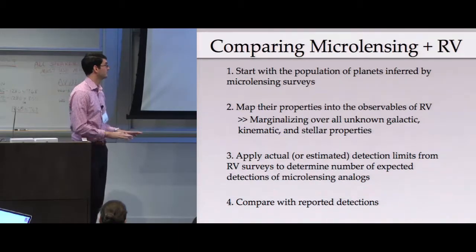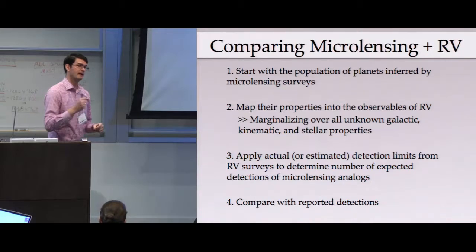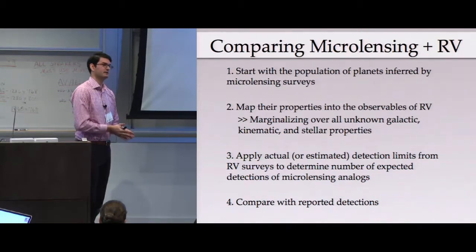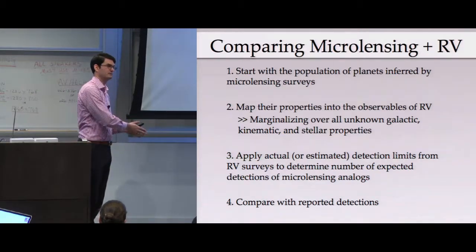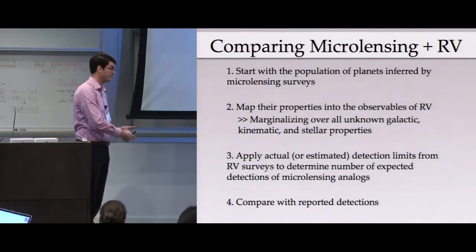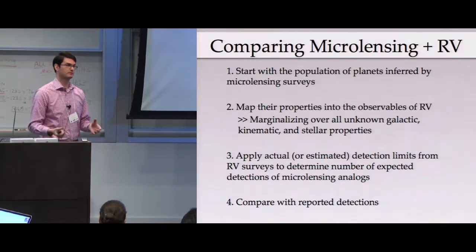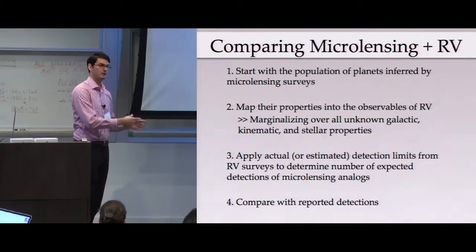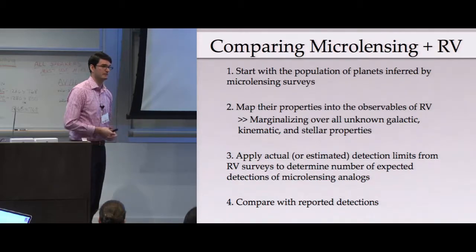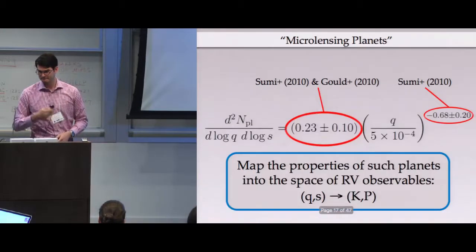Just assume that from the get-go. And then the problem is to map the properties of those microlensing planets into the space of radial velocity observables, so velocity semi-amplitude and orbital period. And then apply the actual detection sensitivities from real radial velocity surveys, or in other words, simulate those surveys on this data, and simply compare with the reported detections.